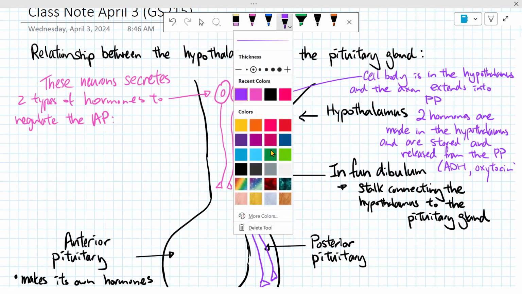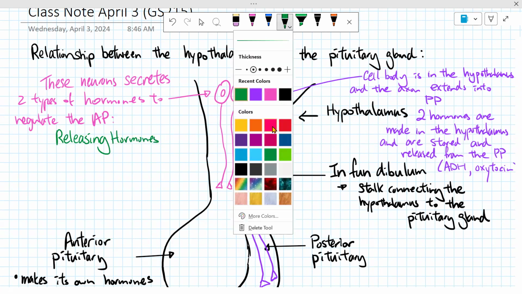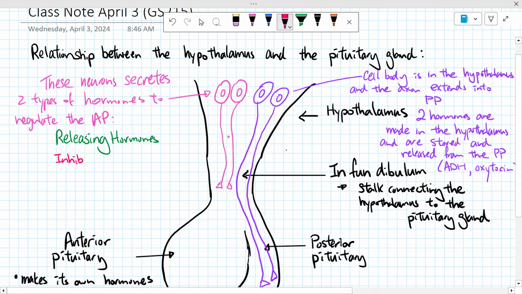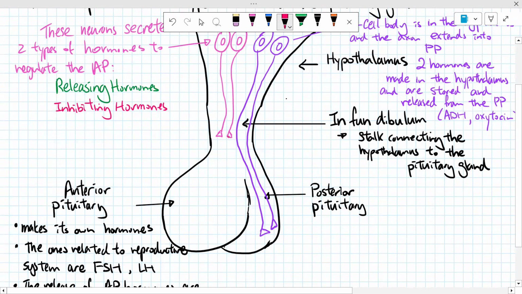And the hormones are separated into two categories. They're what we call releasing hormones and inhibiting hormones. Sort of like green light, red light. The releasing hormone will allow the anterior pituitary gland to release hormone. The inhibiting hormones will inhibit the pituitary gland from releasing hormone.